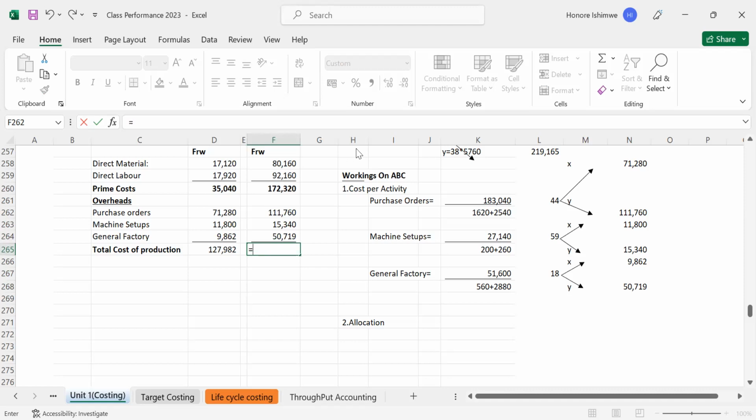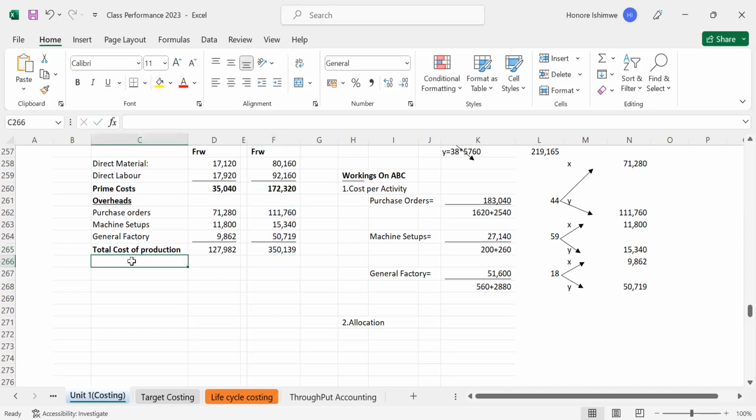Okay, let's proceed. Need to take this one plus this one plus also this one as well as this prime cost. So to have this one, what are the units produced? The units produced is 800 here. Here it is 400, if you remember. Now this is going to be my cost per unit.